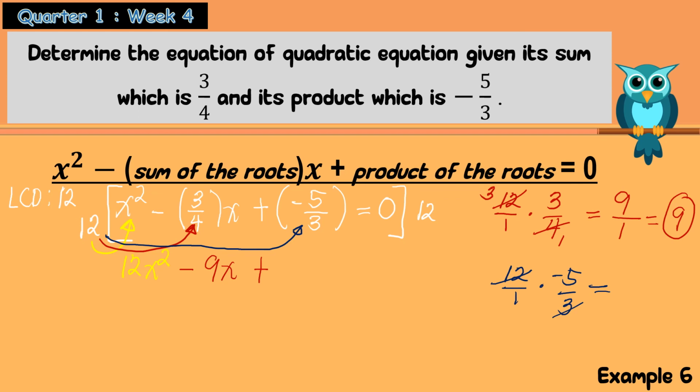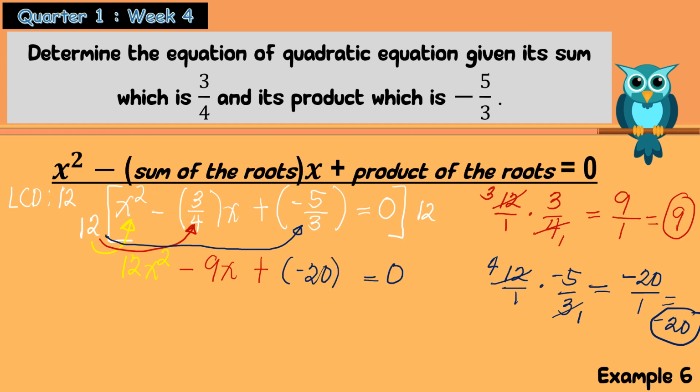So 12 divided by 3 is 4, and 3 divided by 3 is 1. So 4 times negative 5 is negative 20, divided by 1 times 1, which is 1. So when you simplify, this is also equal to negative 20. So you get negative 20 equal to 0.